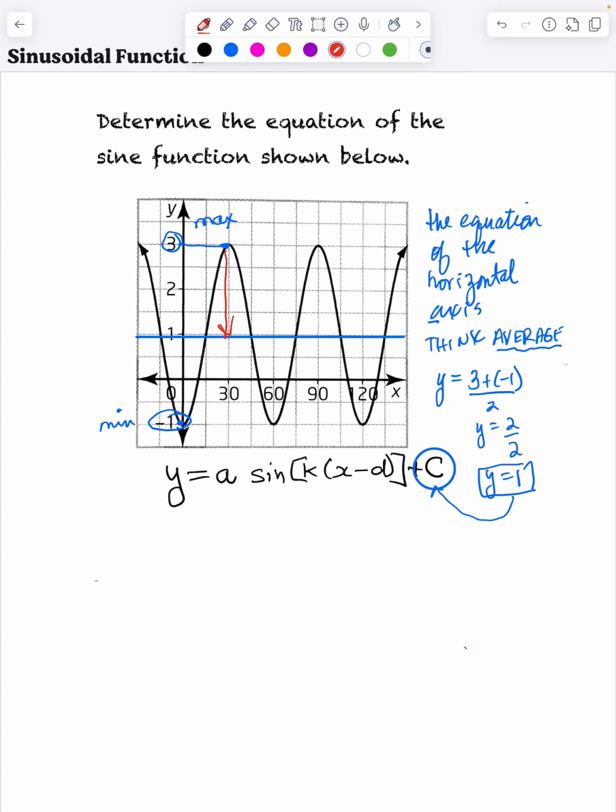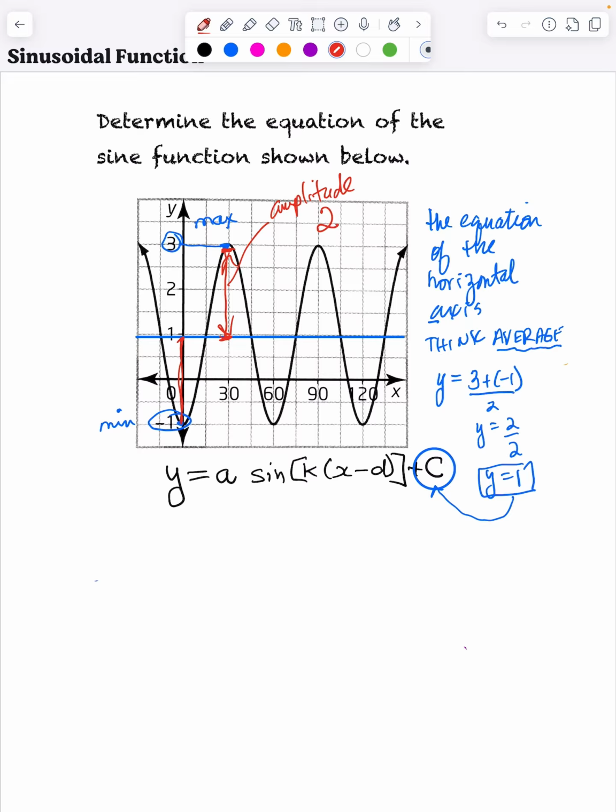The next easiest thing that we can do is look at our amplitude. And the amplitude is from the axes to the maximum, and it's the same distance to the minimum. And that amplitude is 2, which is also our vertical stretch.